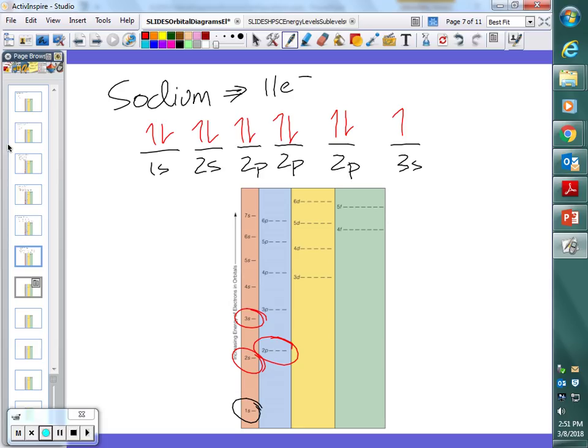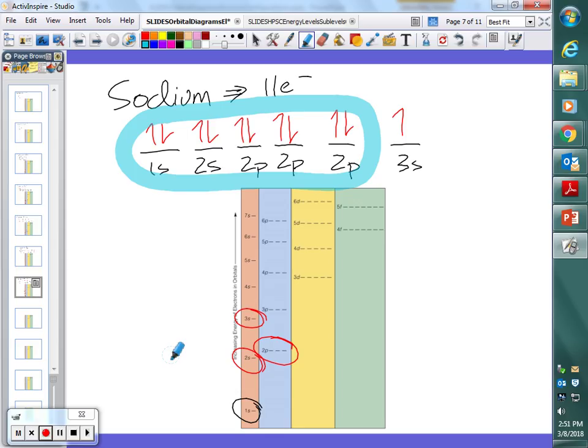It's already starting to get kind of cumbersome, so we look for ways to shorthand what we've done before. If we look at this part of the orbital diagram, how many electrons are we talking about here? 10 electrons.